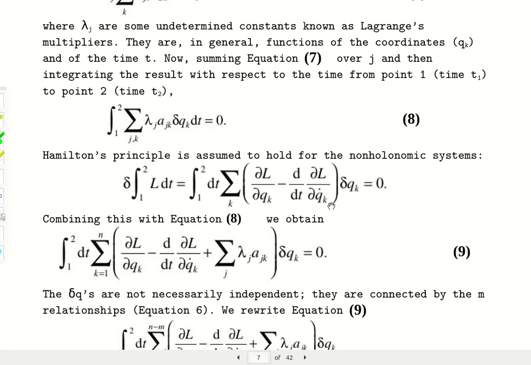So let us see equation number 8 and this equation. Basically we can add them up.